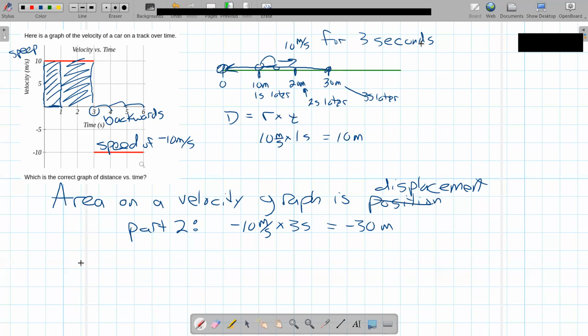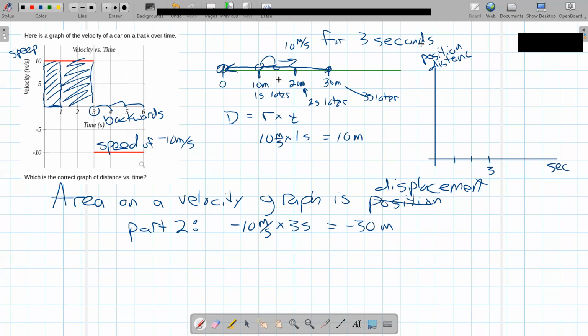So what would the graph of position look like? So if I were to graph position here, over 1, 2, 3 seconds, so here's my seconds there, and this is my position, my distance, my displacement.